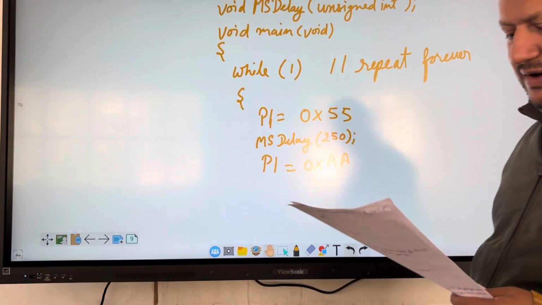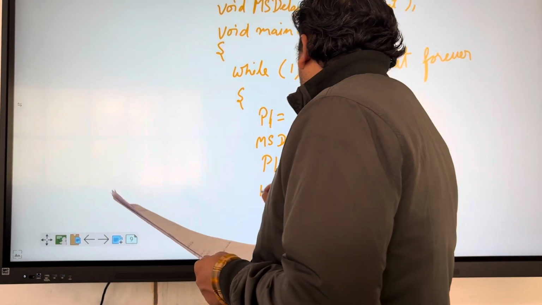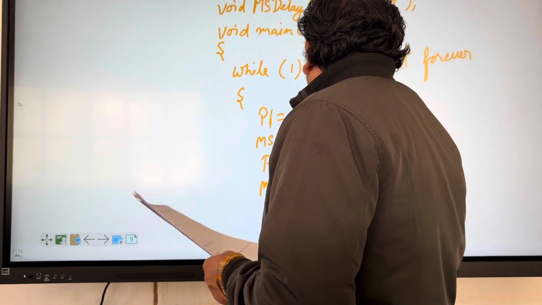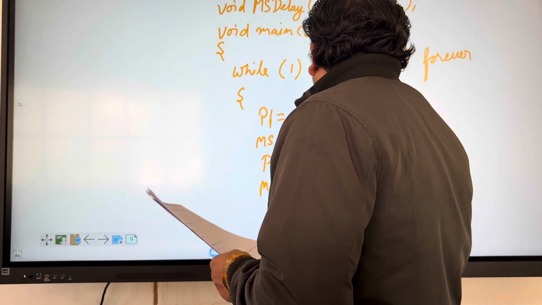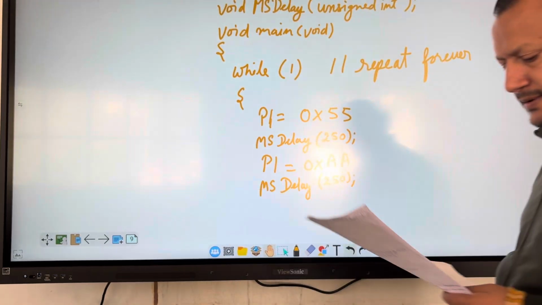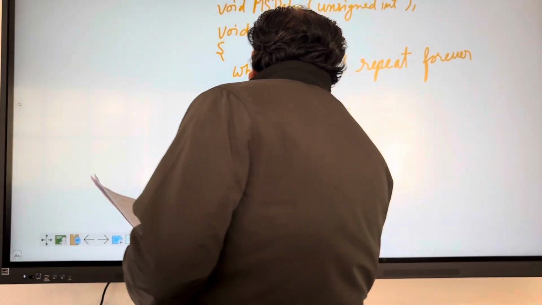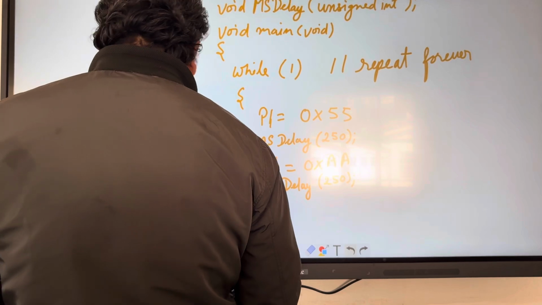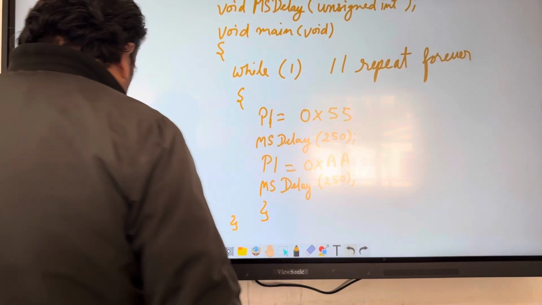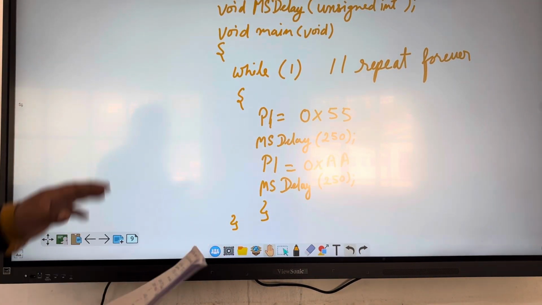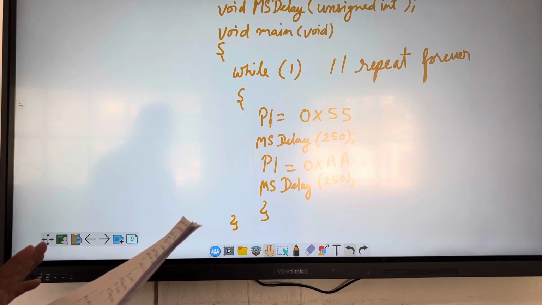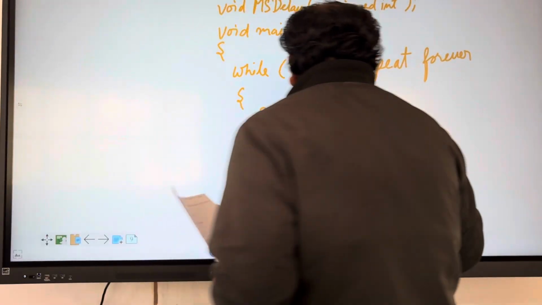So your port 1 will start toggling, then you again put delay here, right? So you close this and you close this. So this is the program, and now you define your void ms delay function after this.